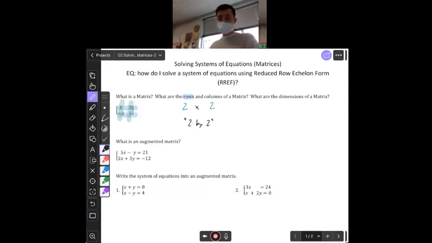Just as another example, I'm just going to make up another one. The numbers here do not matter at all. I'm going to make what will be a 3 by 5 matrix, just using random numbers.